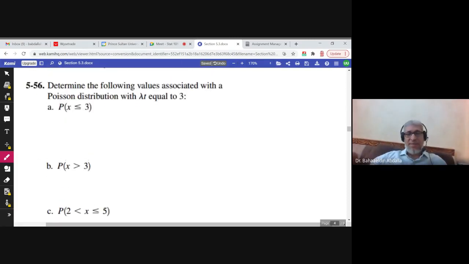One last example: determine the following values associated with a Poisson distribution with lambda t equal to 3. What is the probability of x less than or equal to 3? You can use the calculator, the summation of p of x, x from 0 to 3.